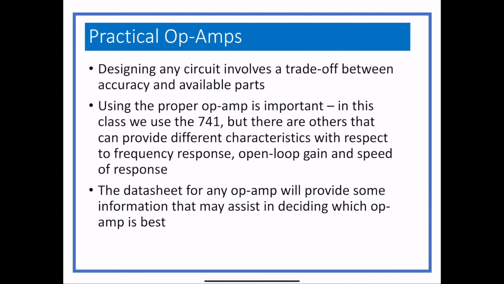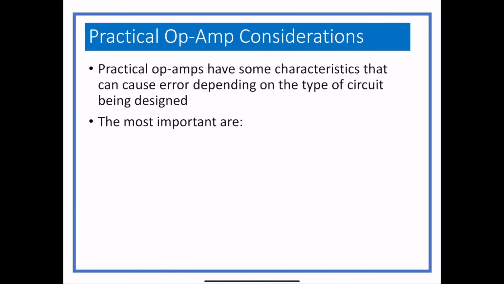And I'm going to just talk about a couple of things that you should be aware of in dealing with op amps. So there are a couple of practical considerations that may or may not matter depending on what kind of circuit you are designing.